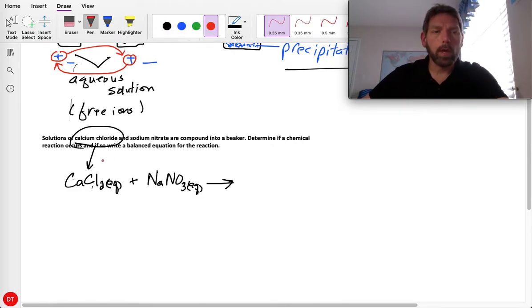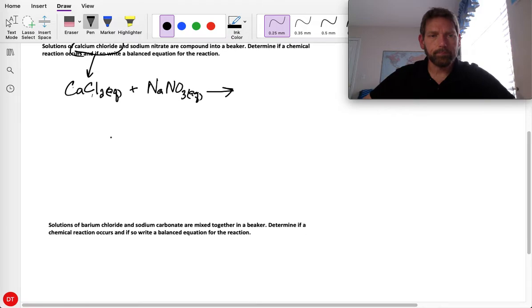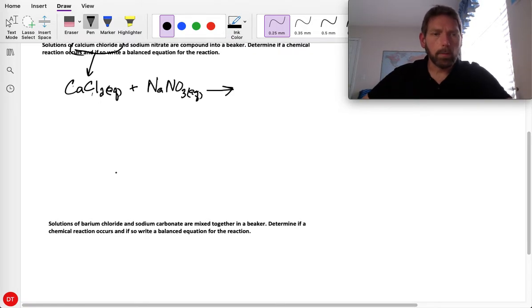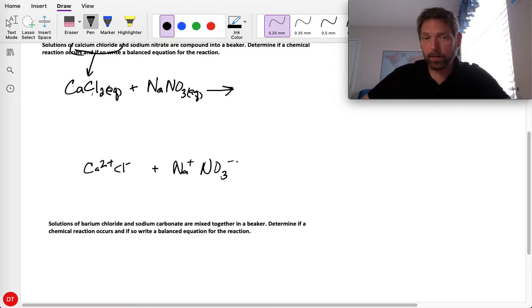So let's do a little bit of scratch work off to the side, okay, shall we? I'm going to do some scratch work, then I'll erase the scratch work, right? So what we basically have is these ions in the first solution, and these ions in the second solution.